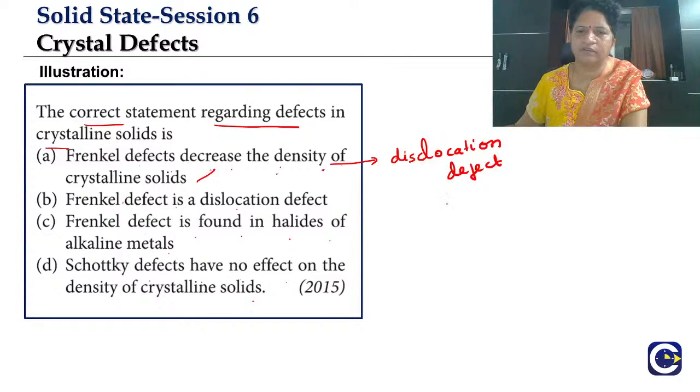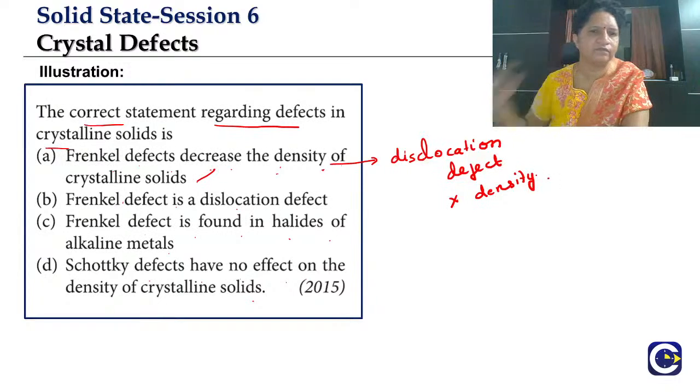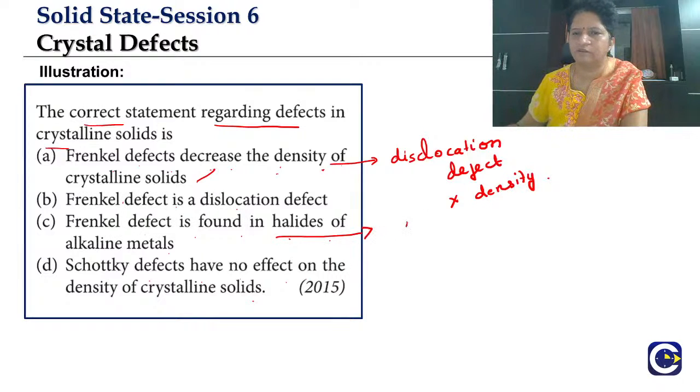In a dislocation defect there is no change in density. Density will remain the same. Frenkel defect is found in what examples have we taken? AgCl, AgBr, zinc sulfide.